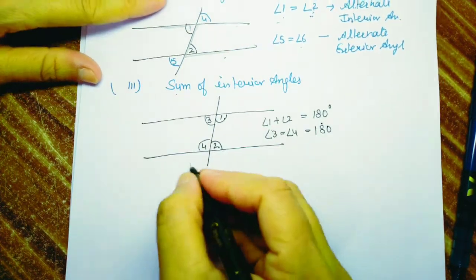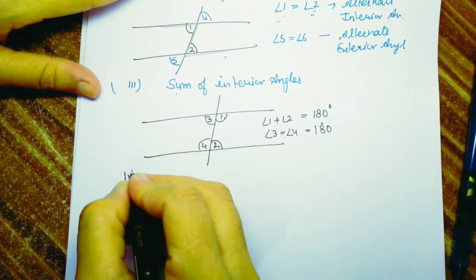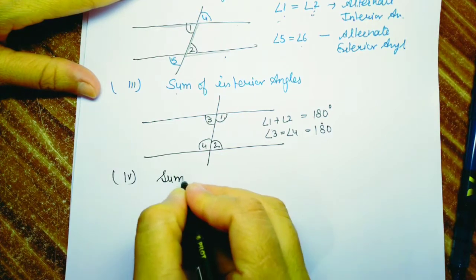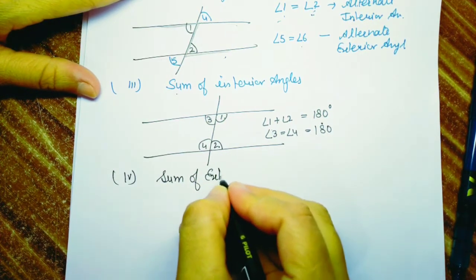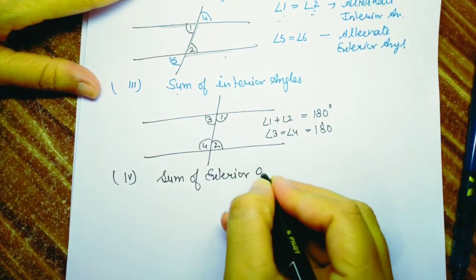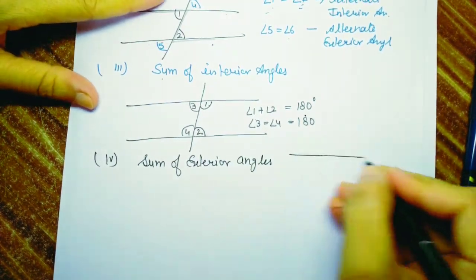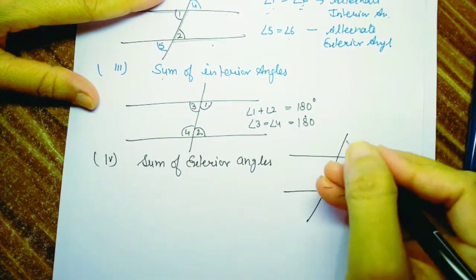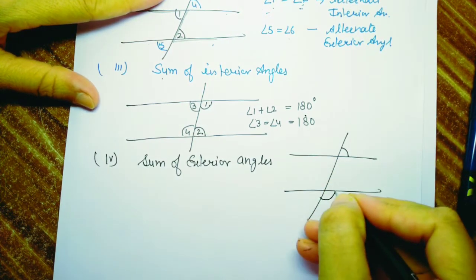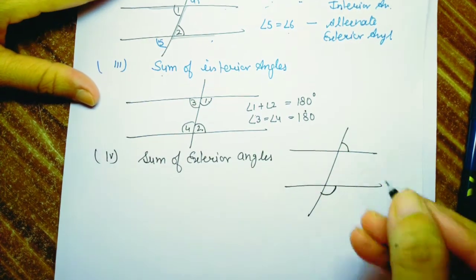Okay. Then after the sum of interior angles, the fourth point that we are going to discuss is the sum of exterior angles. Same, students, if the lines are parallel, the sum of exterior angles is also always 180 degrees.